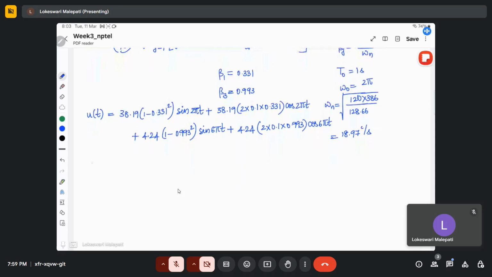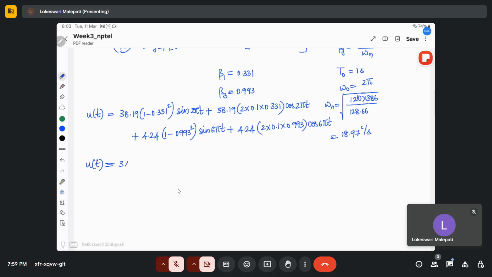Let's just evaluate the terms. U of t is equal to 1 minus 0.331 the whole square multiplied by 38.19.